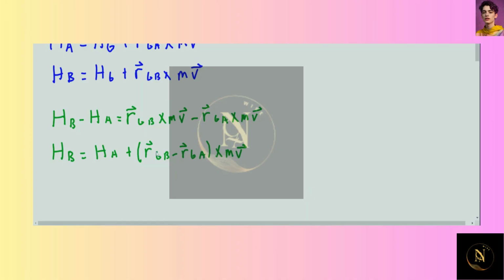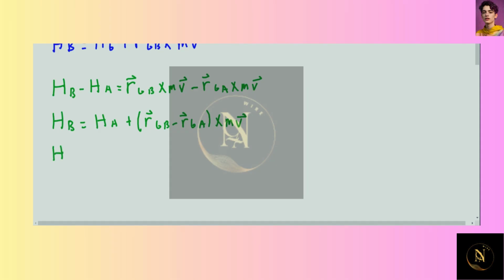And we're going to take these two position vectors and separate them out into their different components. So we have h of B is equal to h of A plus these vectors separated. So we're going to have R of G minus R of B plus R of A minus R of G, and then cross the linear momentum.